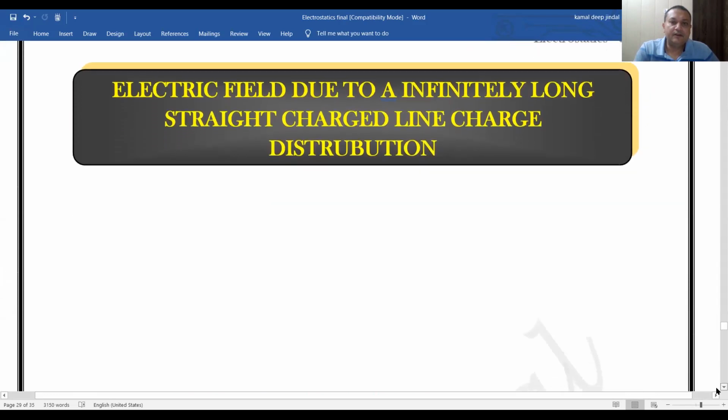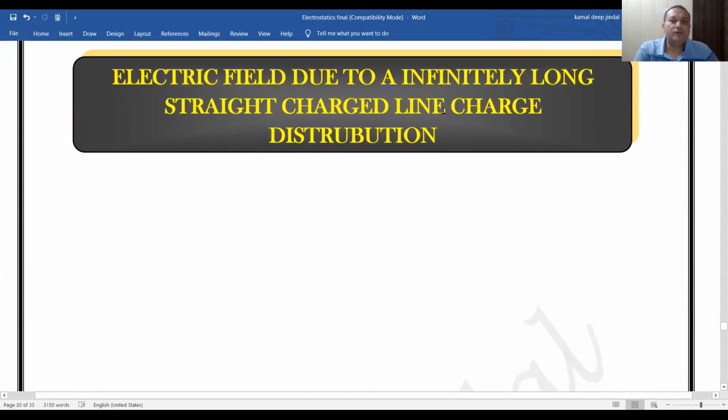Next heading, come to the next point. Electric field due to an infinitely long straight line charge distribution or wire. You can write wire also. So let me explain the things.